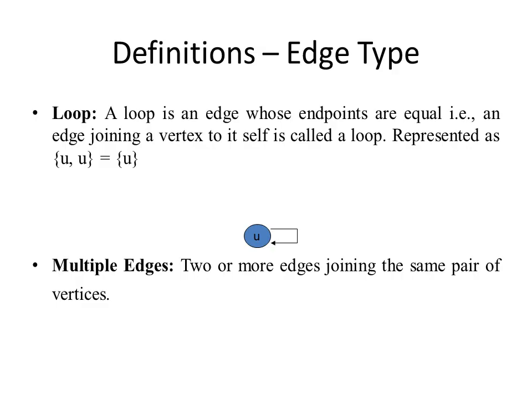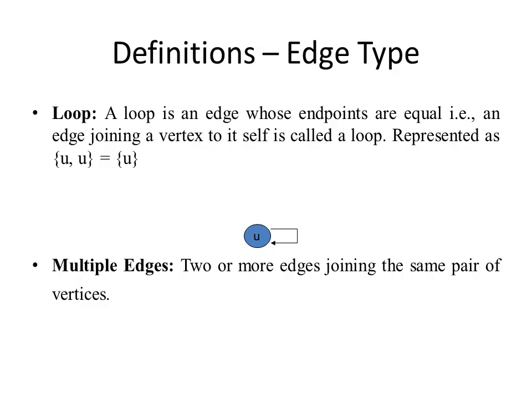Here one edge starts from U and is again directed to U. So U, U is also called a self loop. A loop is an edge whose start point and end point are equal, known as a loop or self loop, joining a vertex to itself only.